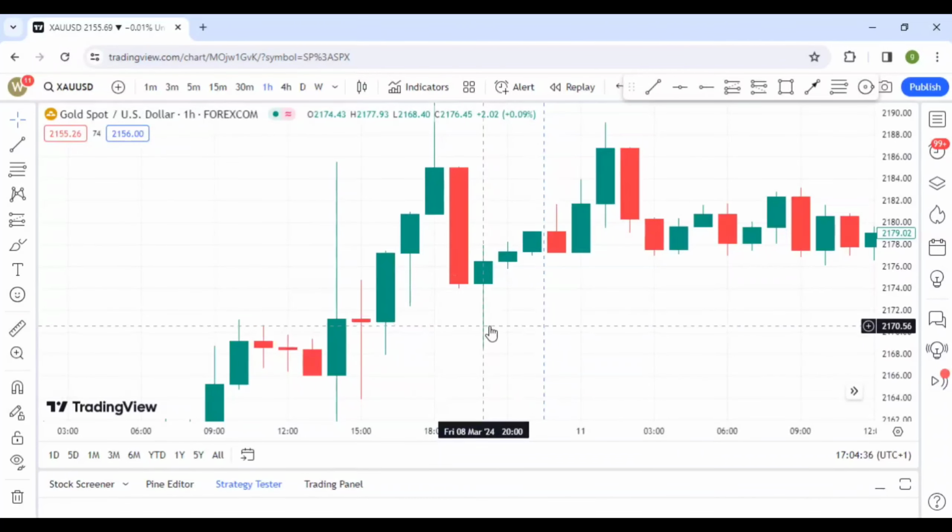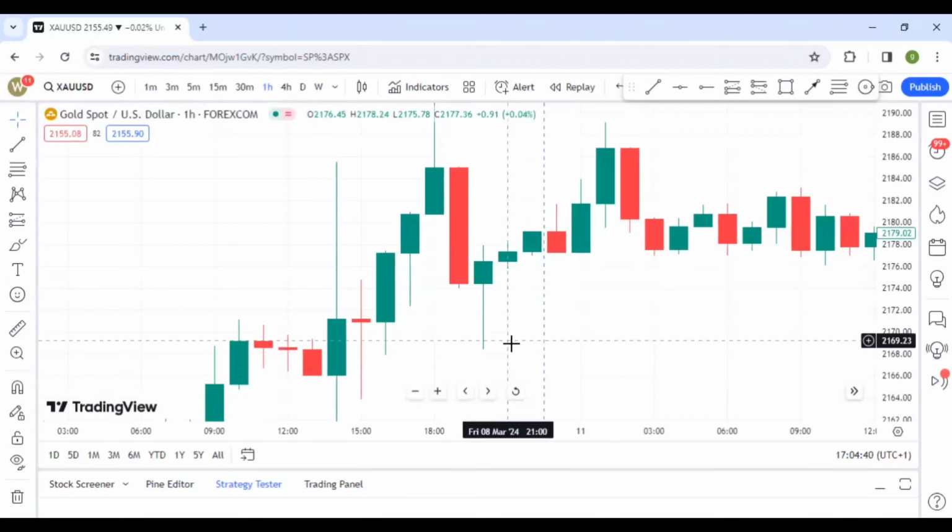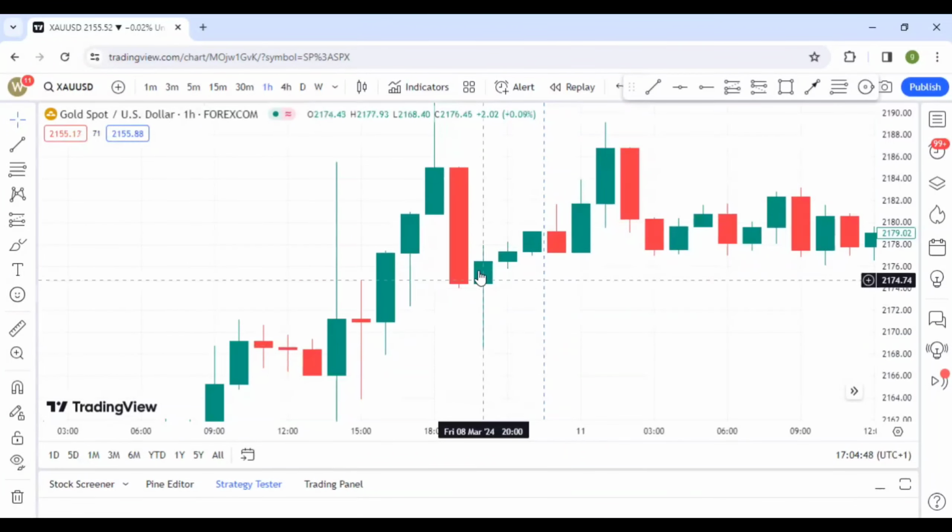Now, the closing price is above or near the opening price, forming a tiny body. The real body could be green or it could be red. It has little or no upper wick. Mind you, the lower wick should be greater than the upper wick.